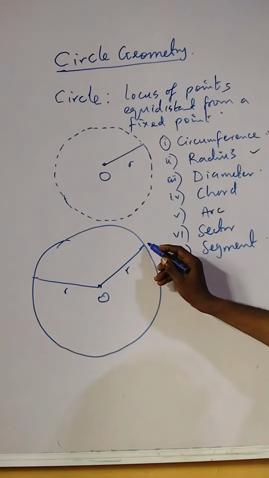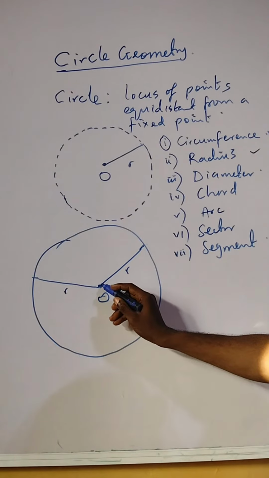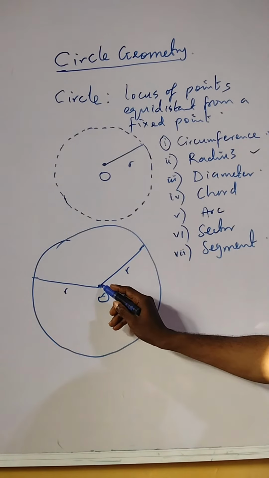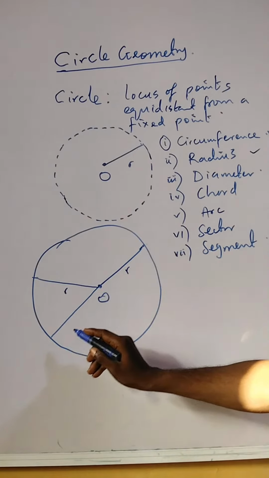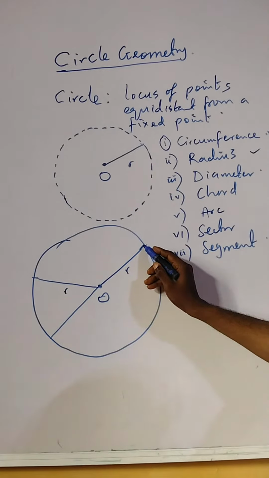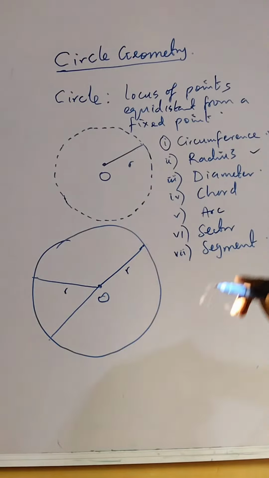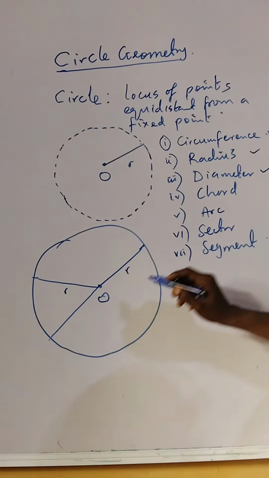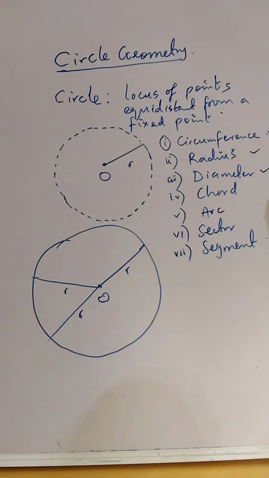We can make this radius here a straight line, as if we draw another radius in line with this other radius. So this line that touches the circle at both sides and passes through the center is called diameter. From here to here is also a radius, so we can refer to diameter as 2 radius. Diameter is 2 radius.